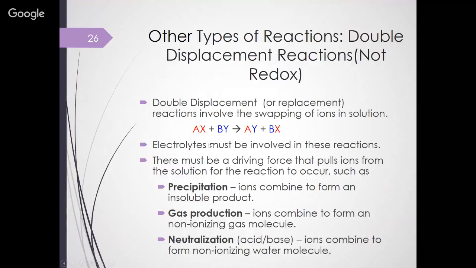So these reactions are different from each other in that precipitation forms a solid, gas forms a gas, and neutralization is going to form a liquid. So solid, gas, liquid, these are all double displacement or double replacement reactions.